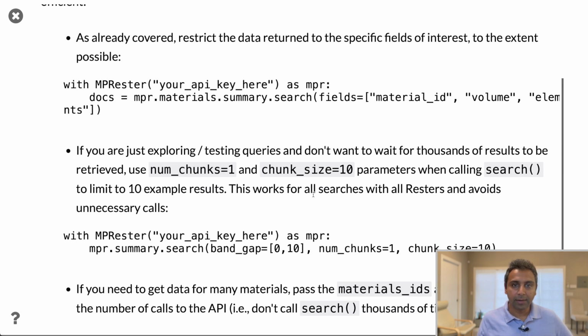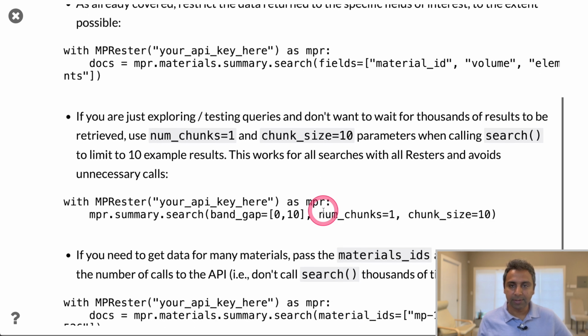The other thing that is not really documented well right now is that if you're just exploring and testing things out and you don't want to wait for thousands of results, you can use the num chunks and chunk size parameters when calling search. So for example, if I just want to see how things are working and I have this band gap between 0 and 10 query, this would result in tens of thousands of data points, and that's going to take a lot of time to transfer over.